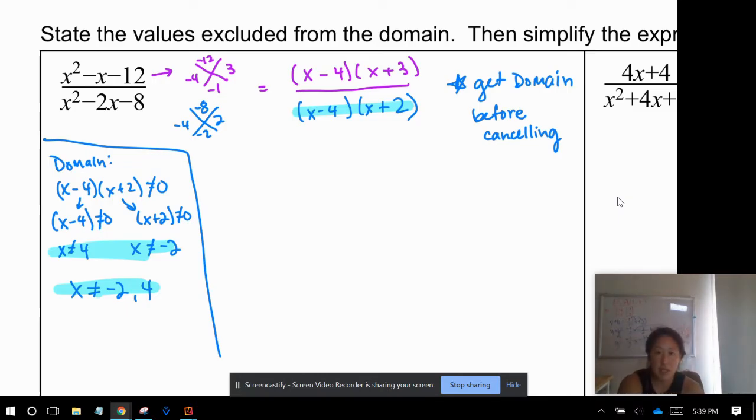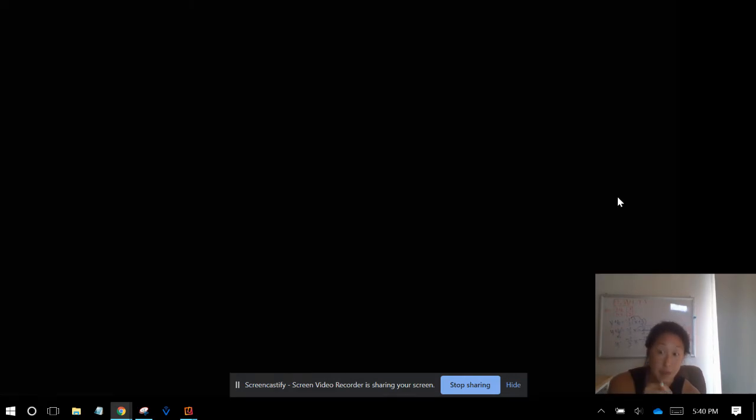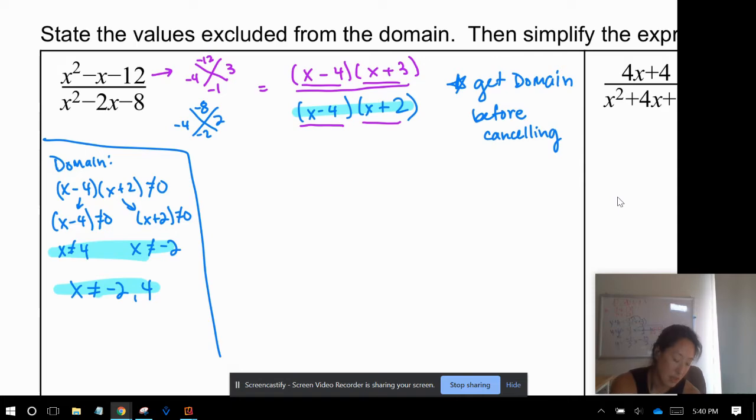Next up, we can simplify. So after we get our domain, we can simplify. You are only allowed to simplify factors, so pieces that are being multiplied together. So x minus 4 is multiplying with x plus 2, and on the numerator, x minus 4 is multiplying with x plus 3. Since I am multiplying something by something, I can go ahead and cancel.